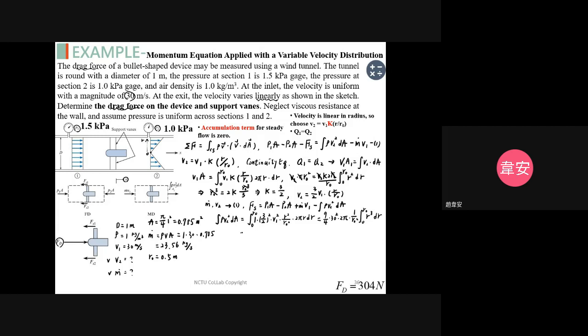Okay, so this is equal to, I use the calculator to compute the constant values. So 9 divided by 4, then multiply by 30, then multiply by 2, multiply by pi.